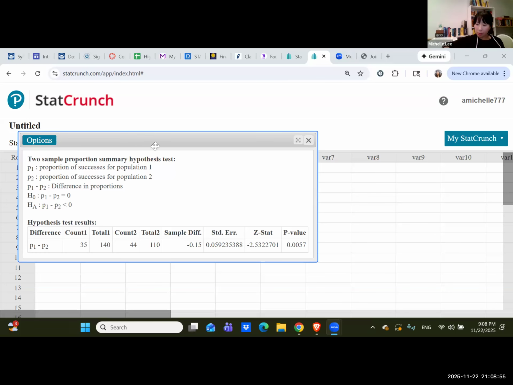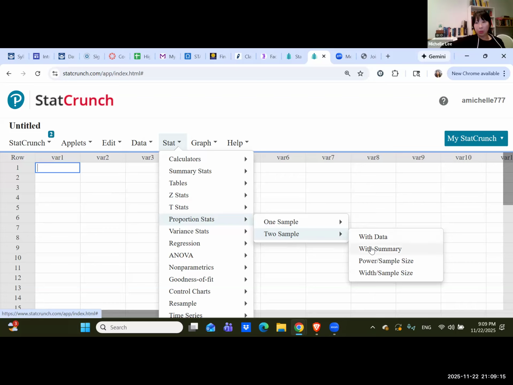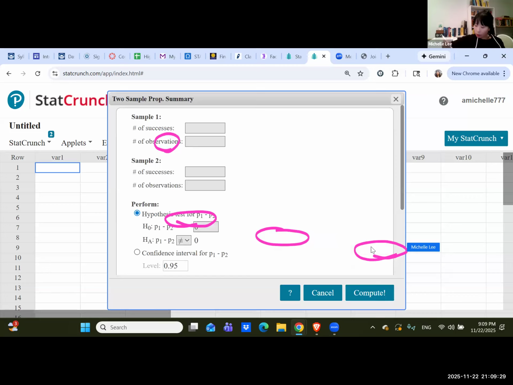Instead of the hypothesis test, we click the confidence interval. So let's do it. Stat, Proportions, Two sample, With summary, same as earlier.